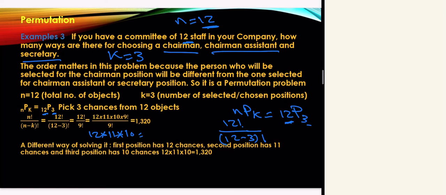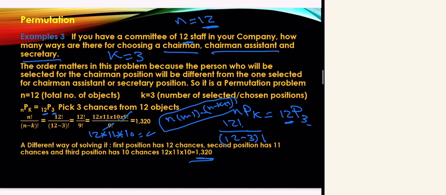That's it. This is the answer directly. It is the same thing as before. You remember we said start with n and go down to n minus k plus 1, without having a numerator and denominator. So the number of ways we can have is 1320.